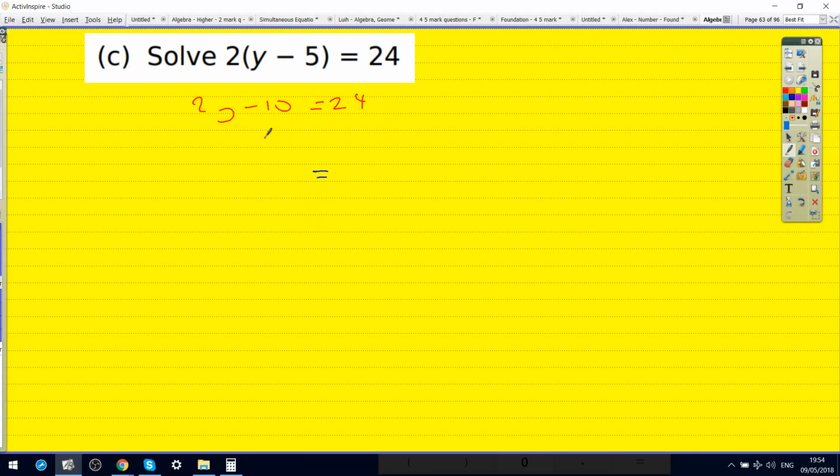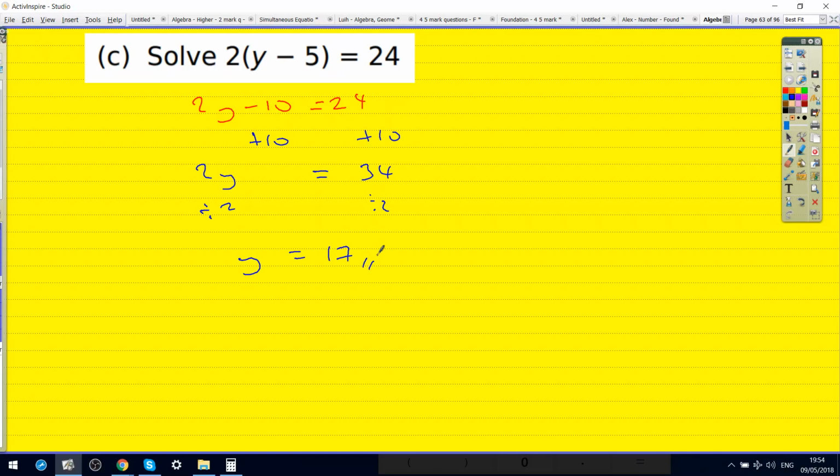Plus 10 to both? Yeah. 34 is 2y. So that's 34 divided by 2 because there's 2y. That would be 17. Well done.